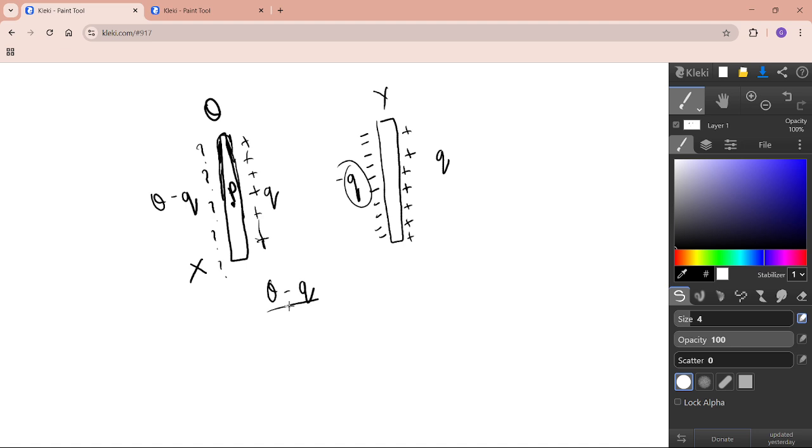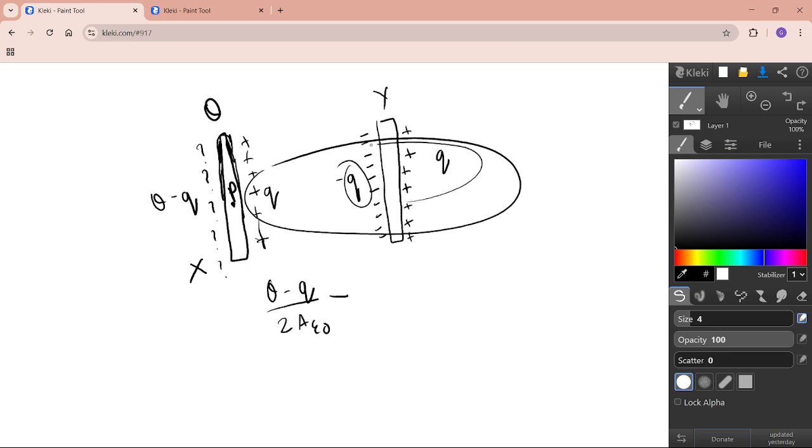There is a simpler way to do it. These charges are on the other side and these charges on one side, so we have to add a negative sign.